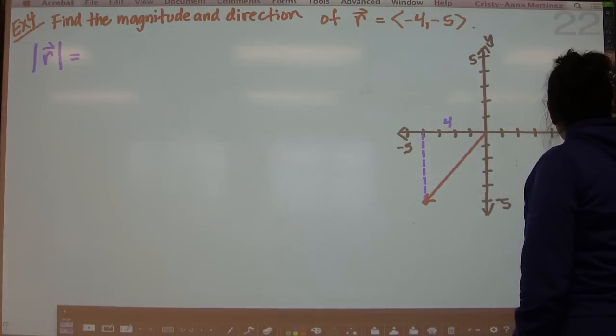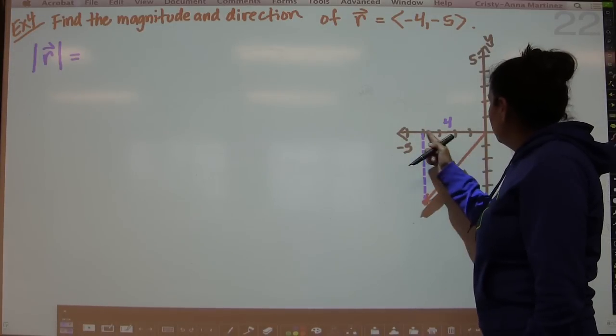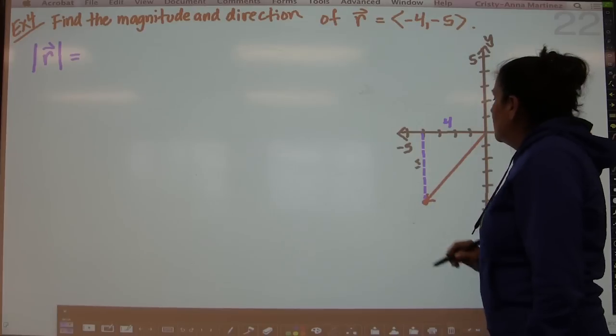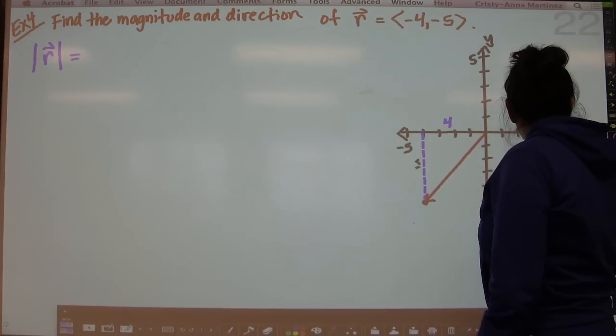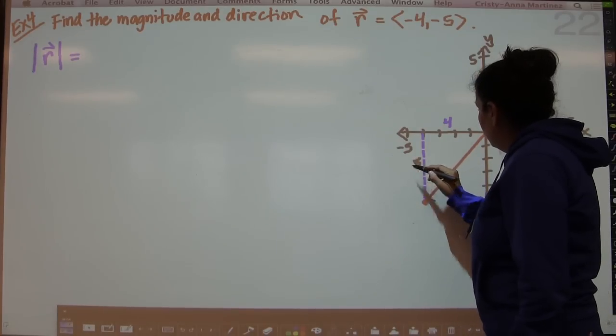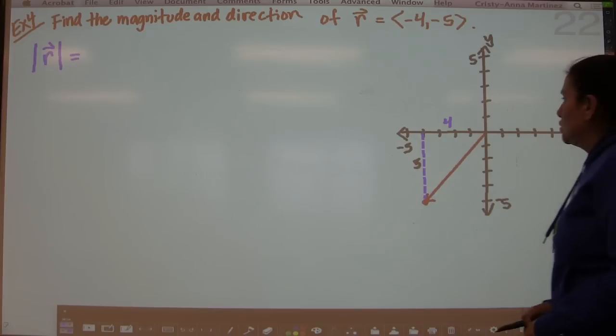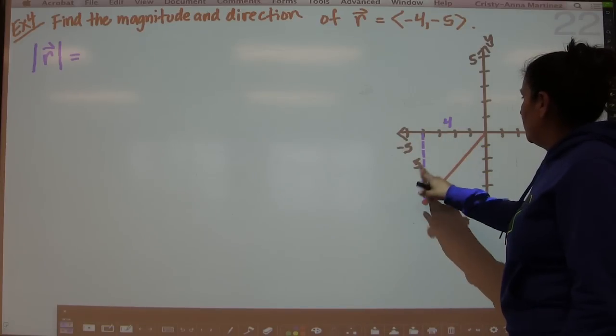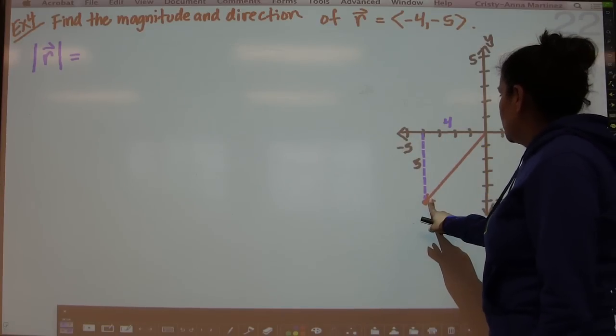So if you have a right triangle like that, this is basically 4 units and this is 5 units. So I can do 4 squared plus 5 squared equals hypotenuse squared, right?